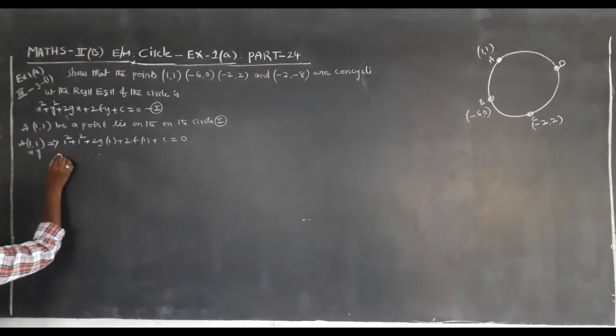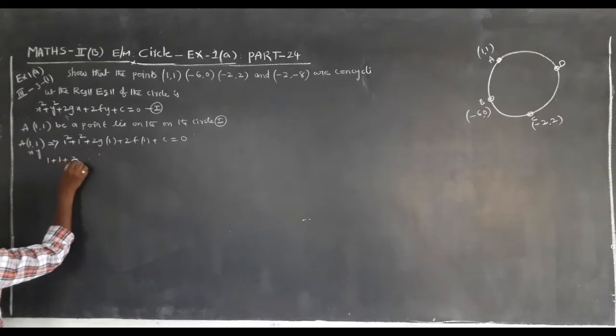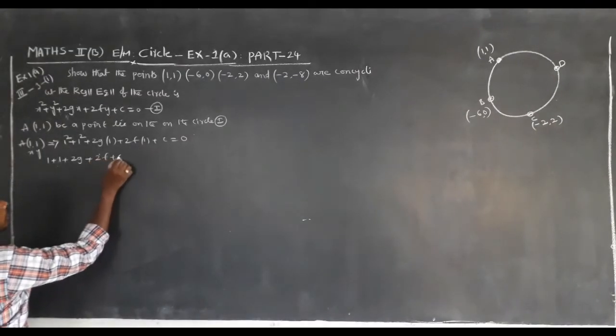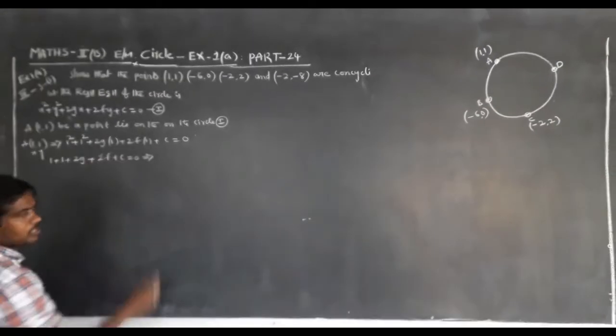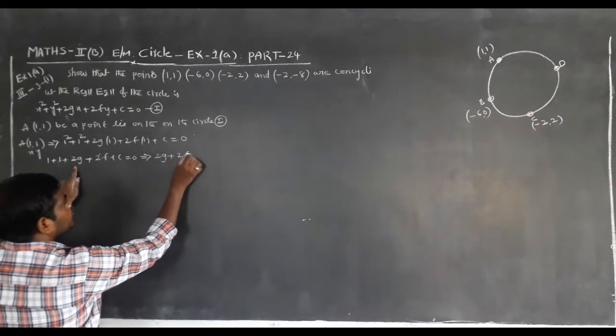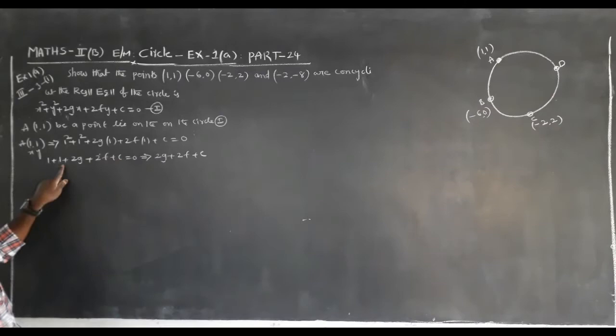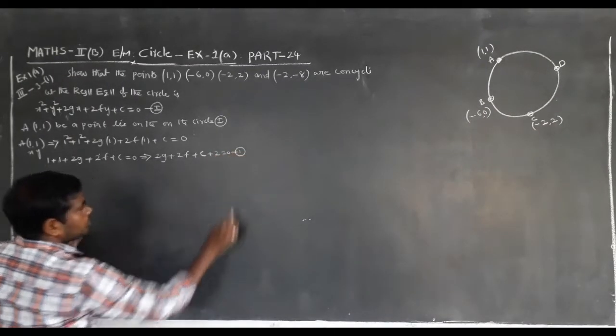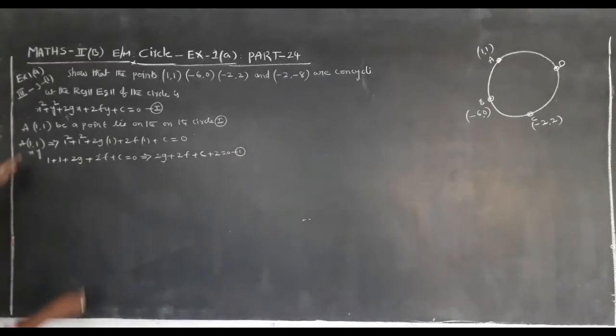So 2g plus 2f plus c plus 1 plus 1, that is plus 2, is equal to 0. This is the condition number 1.